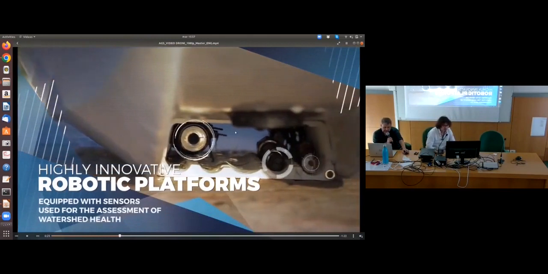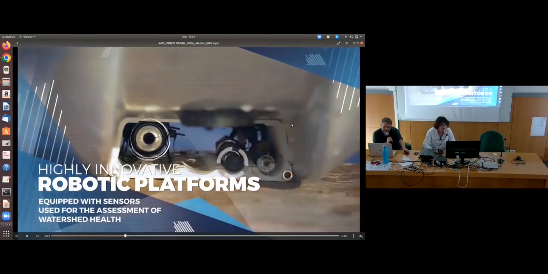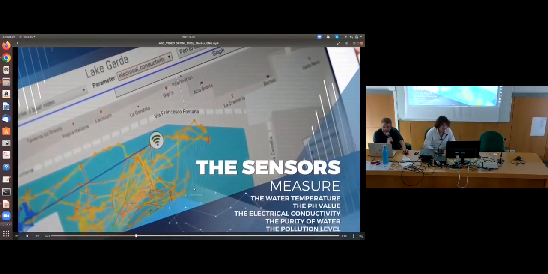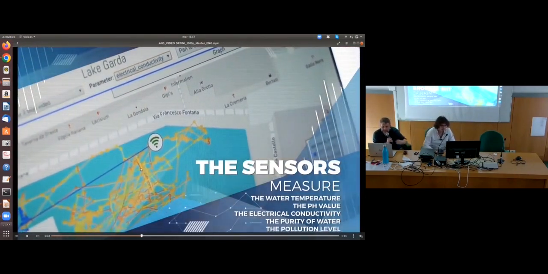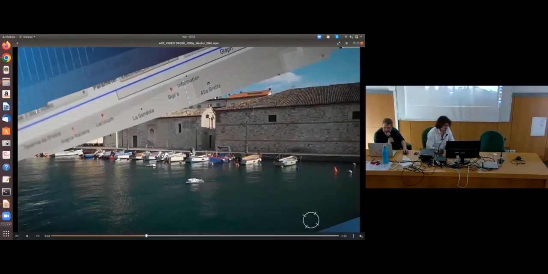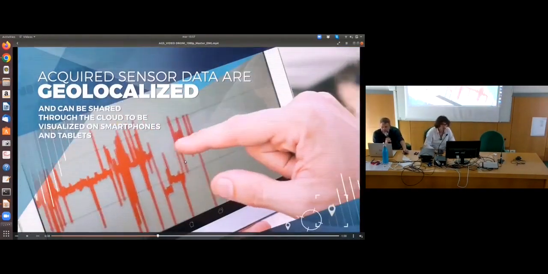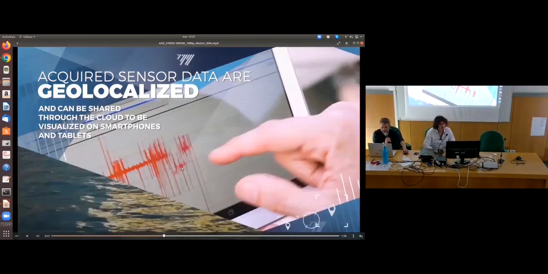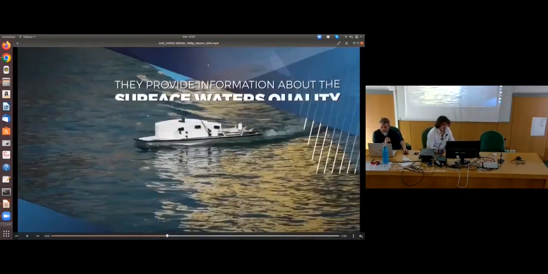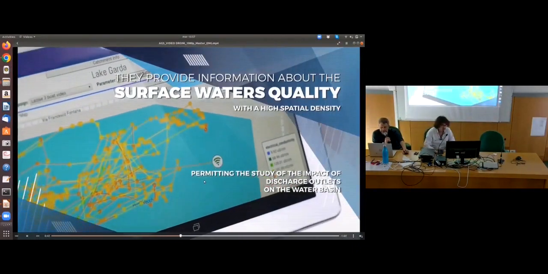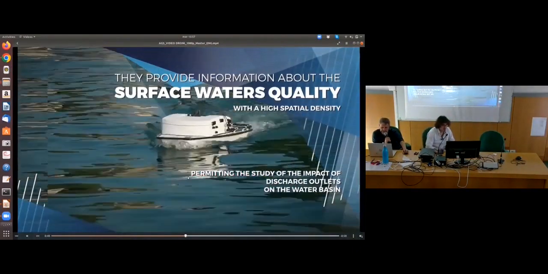As you will see in the rest of this video, these drones contain some sensors and have some autonomy. By a graphical user interface, you can design a path to be monitored, and then the drone automatically starts to analyze this path.